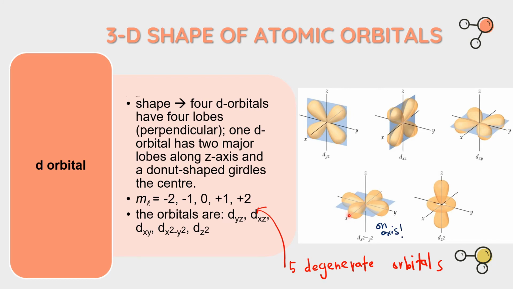Okay, so we have x-axis here and y-axis here. So draw the shape of the cloverleaf exactly on the axis x and y. Lastly, we have the z-squared d orbital, which has two major loops along z-axis, something quite similar to the shape of the dumbbell, and there's a donut-shaped girdle at the center.